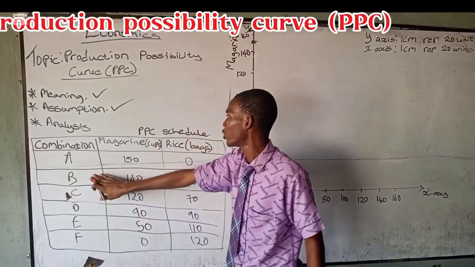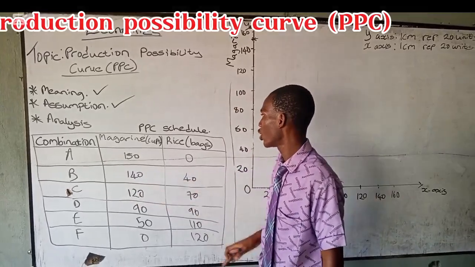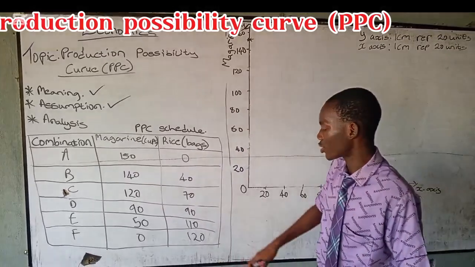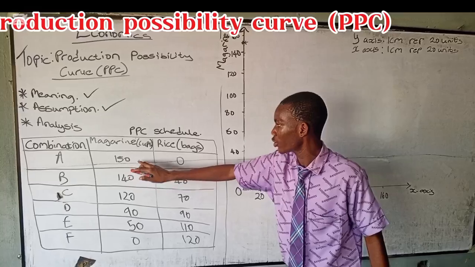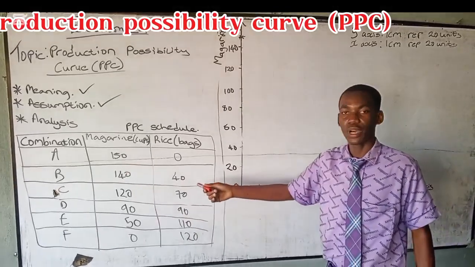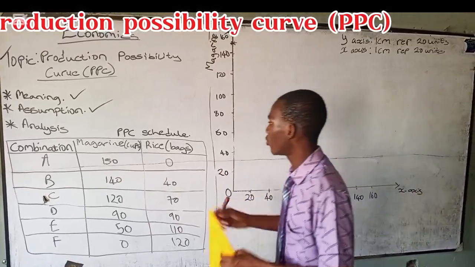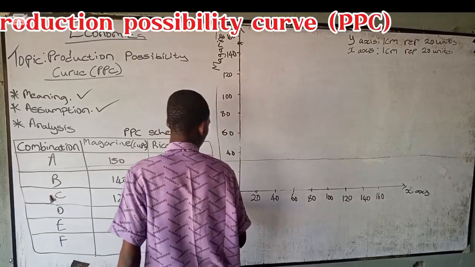Then combination B, 140 cups of margarine was produced and 40 bags of rice. That means 10 cups of margarine was forfeited in order to produce 40 bags of rice. So margarine 140, 40 bags of rice.